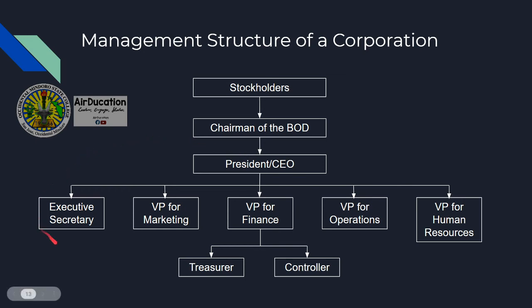We have here the executive secretary, VP for marketing, VP for finance, VP for operations, and VP for human resource. Since businesses primarily aim to earn profits, there are different areas under the VP for finance: a treasurer and a controller. A controller sometimes is the one who budgets the money. Treasurers are the ones who collect the money from the business.